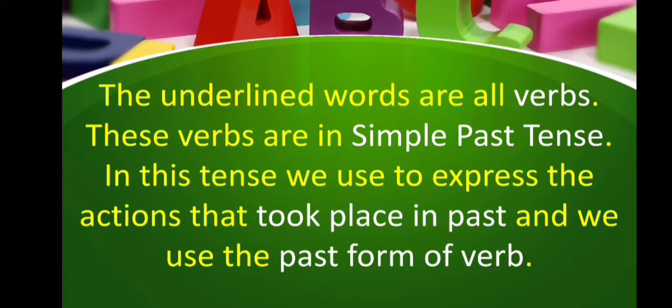In this tense, we express actions that took place in the past, and we use the past form of the verb. Which means in the simple past tense, we indicate an action that has already happened before speaking. In this sentence, we will use which form of the verb? Yes, we will use the past form of the verb.